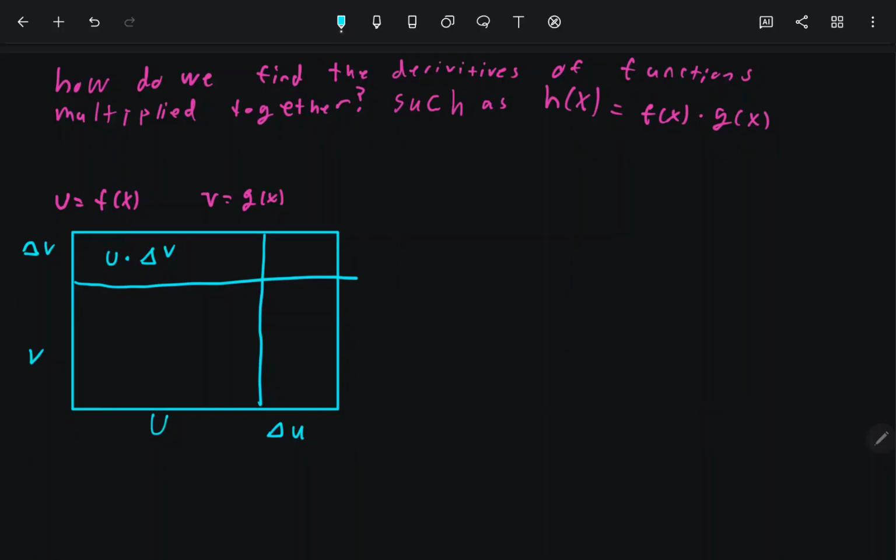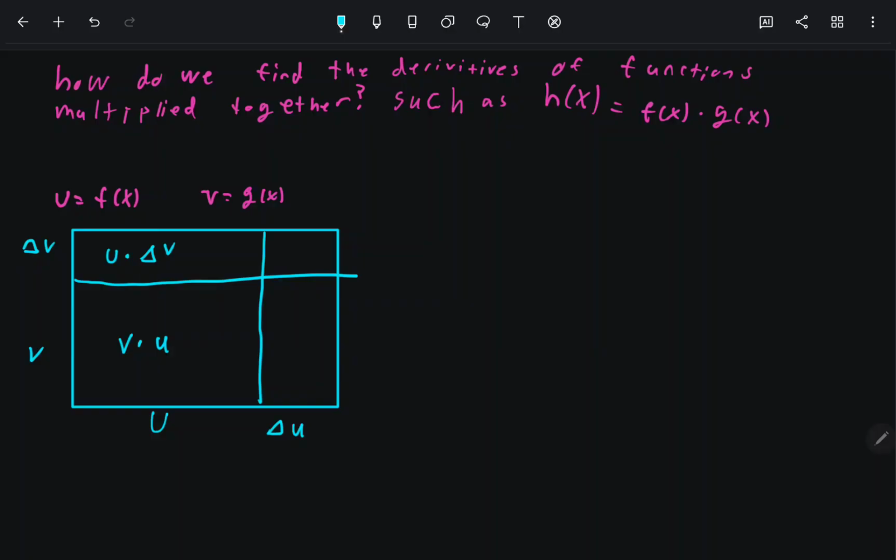We get v times u, but this is just the value of the function. We don't want to know the value of the function. That doesn't help us. And finally, we get v times the change in u. And then in the final top right box, we get change in u times change in v.